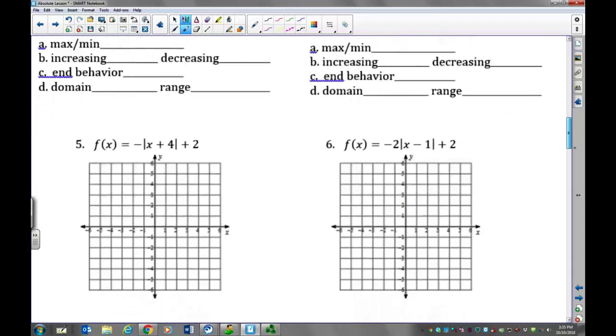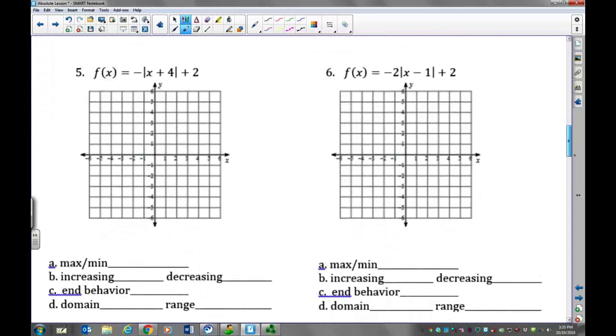So maybe we'll jump to a harder one, like number 6 looks pretty tough. So that's going to be a shift to the right, which is the opposite of what you think. And what I mean by opposite of what you think is, with x minus 1, what would we plug in there to get it to equal 0?